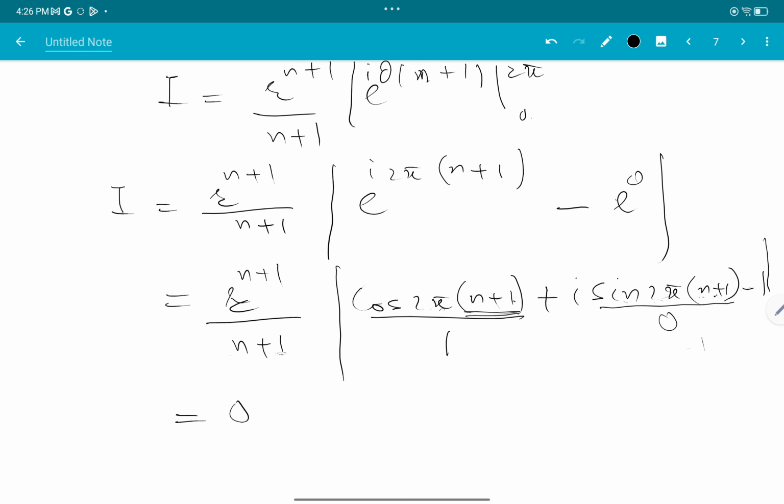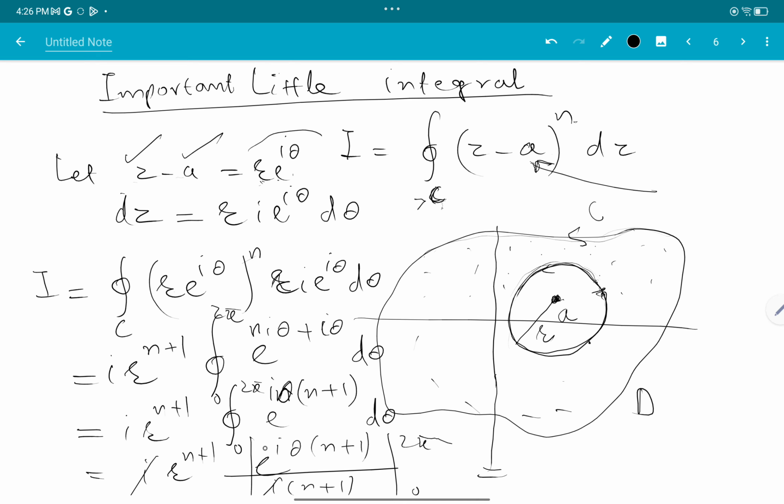How can we treat that separately? Let's go back to this stage. We should not yet carry out the integration. Let us go back to this stage when we had not carried out integration. At this stage, we are going to do something.